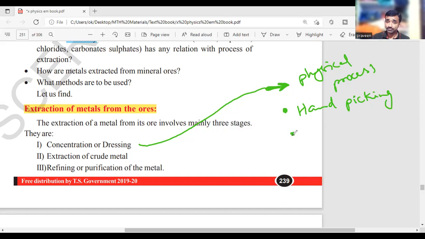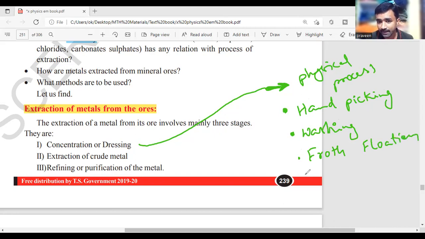Next, put with the water. We can use water, right? So here, it is simply called washing. The next is froth flotation, right? Froth flotation.